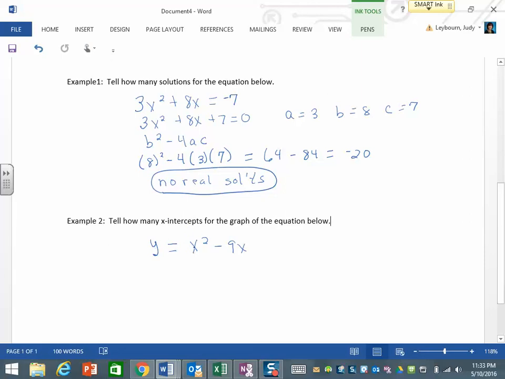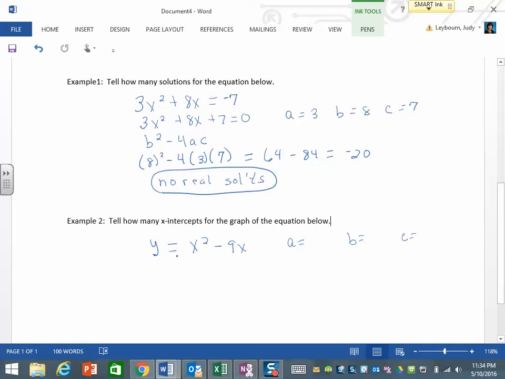We're looking for the value for x when y is 0. So find the values for a and b and c. Use your discriminant and then come back to the video and see if you have the same number of x-intercepts as I have. Okay, press pause and then come back.